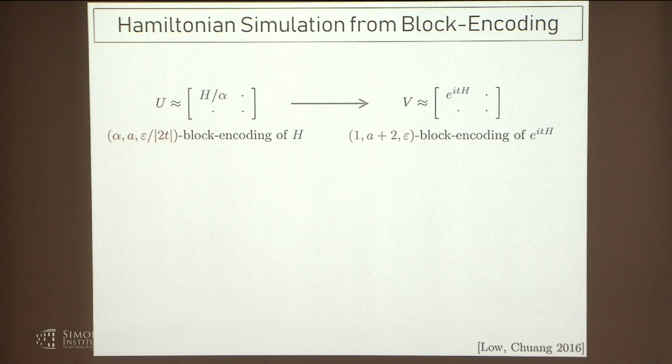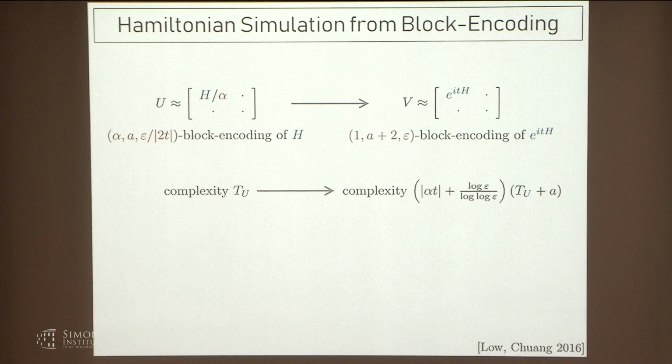And implementing this V will require calling this U as a subroutine. So specifically, if the complexity of implementing this U is some T sub U, then you'll be able to implement V in complexity like this. So the algorithm for implementing V will call U some number of times. And you can think of this alpha as taking the place of the norm of H.